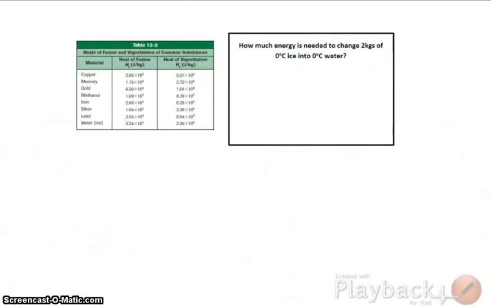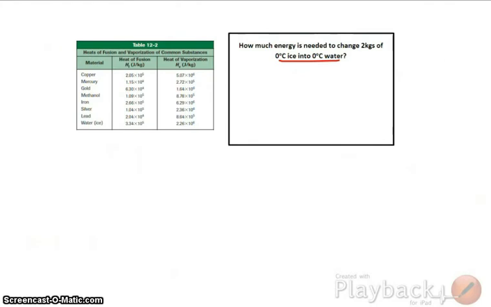Alright, let's look at a question. How much energy is needed to change 2 kilograms of 0 Celsius ice into 0 Celsius water? So when you're going from ice into water, your temperature isn't changing. Water can be 0 degrees and ice can be 0 degrees. You need a certain amount of energy to change between that.